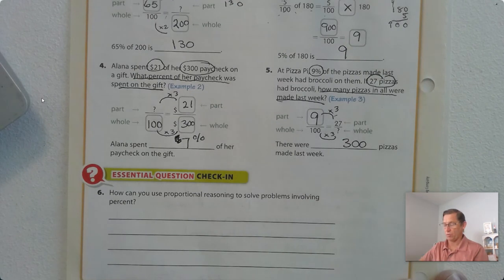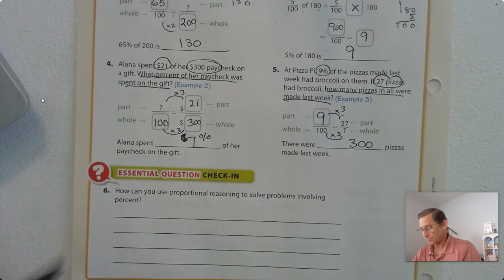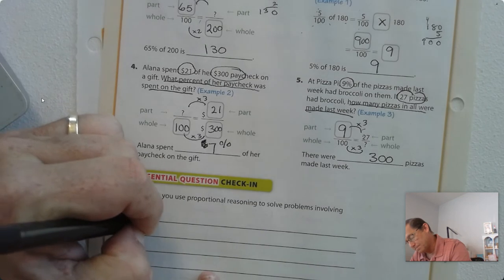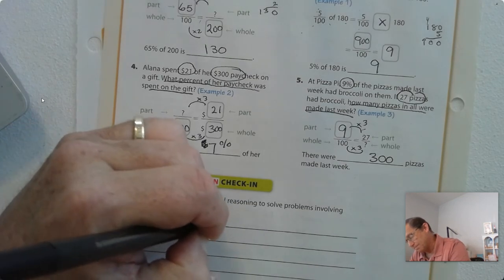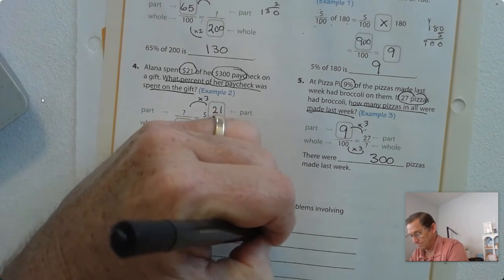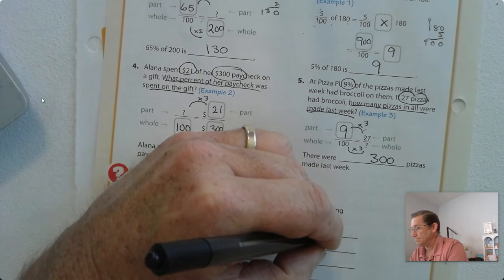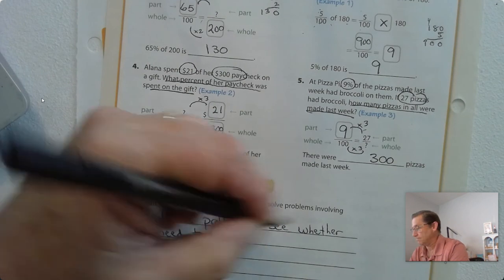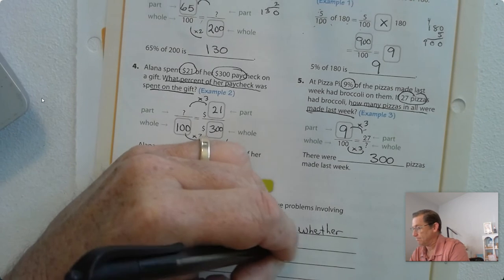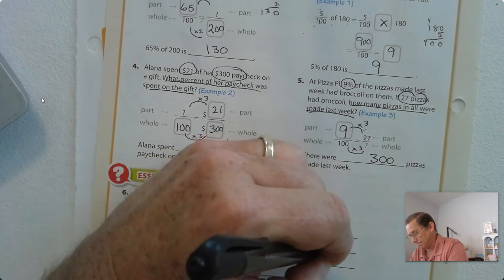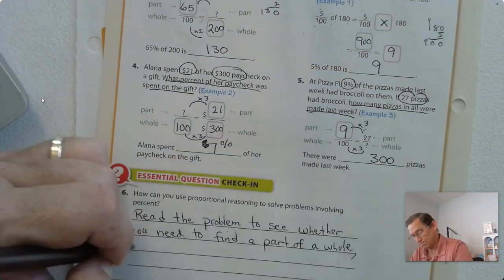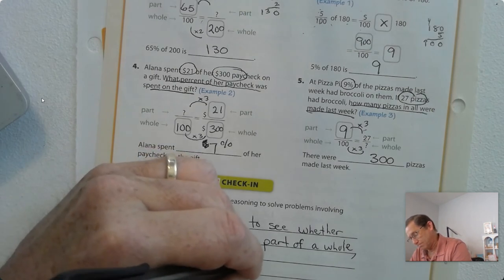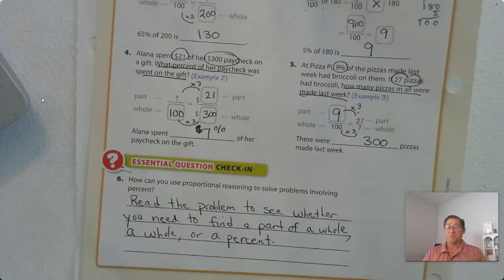And number 6, how can you use proportional reasoning to solve problems involving percent? All right, well, the first thing we have to do is read the problem, right?